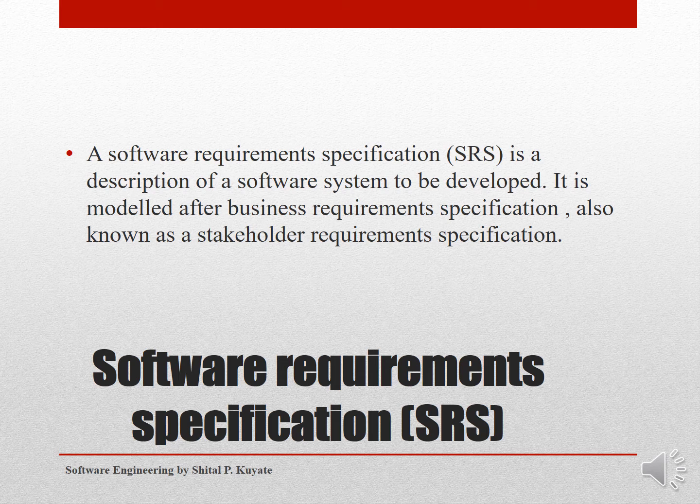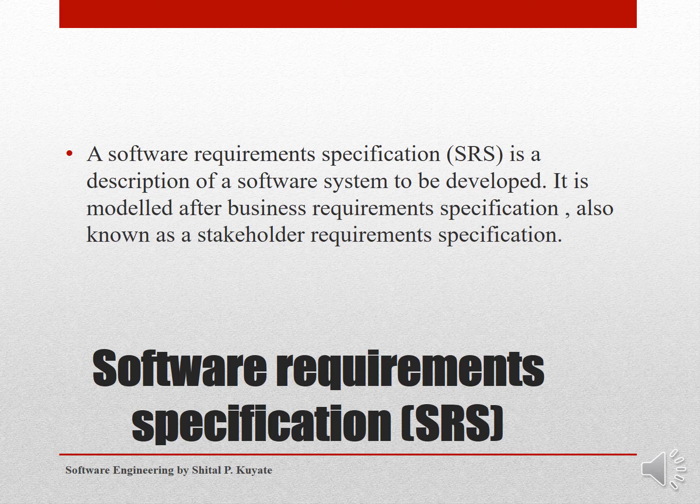As we have discussed, the Software Requirements document, sometimes called the Software Requirement Specification or the SRS, is an official statement of what the system developers should implement. It should include both the user requirements for a system and a detailed specification of the system software, or we can say the system's requirements.